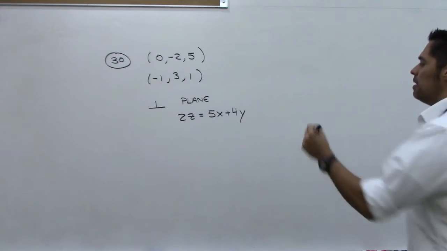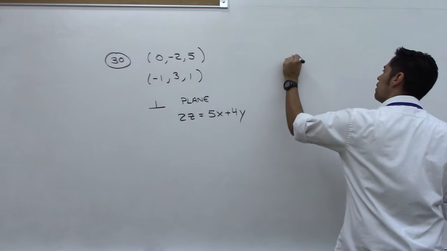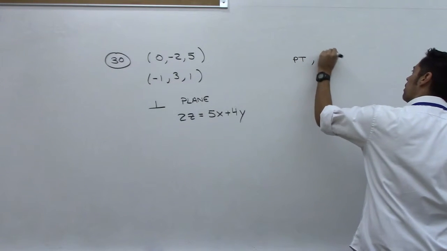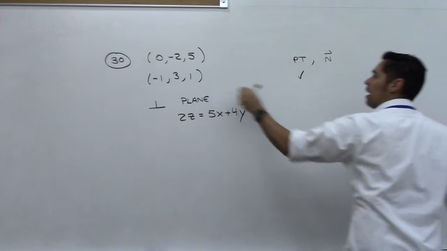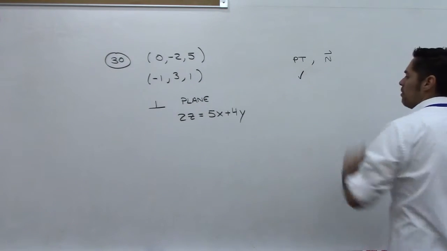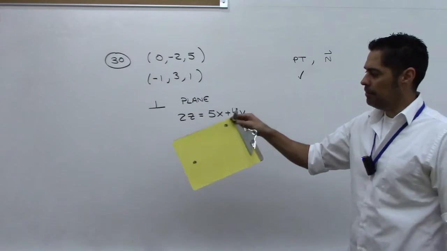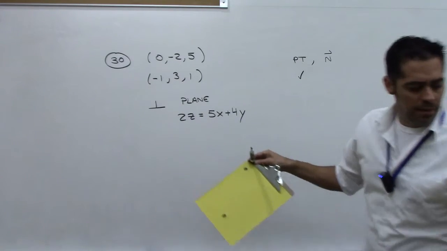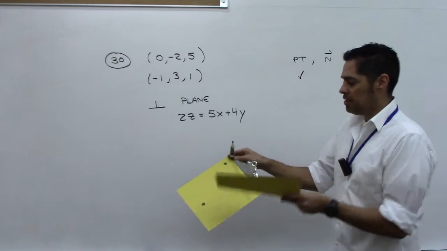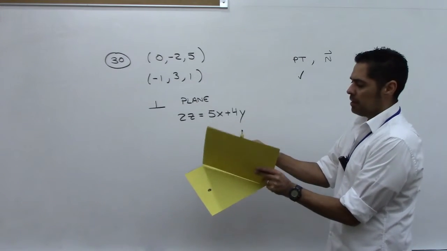So what do I need to find the equation of a plane? I need a point. I need a normal vector. Do I have a point? Absolutely, I have 2 of them, so I'm not worried about that. I just need a normal vector. So I need a vector that's going to be sticking out of my plane. The fact that this plane is perpendicular gives me something here.